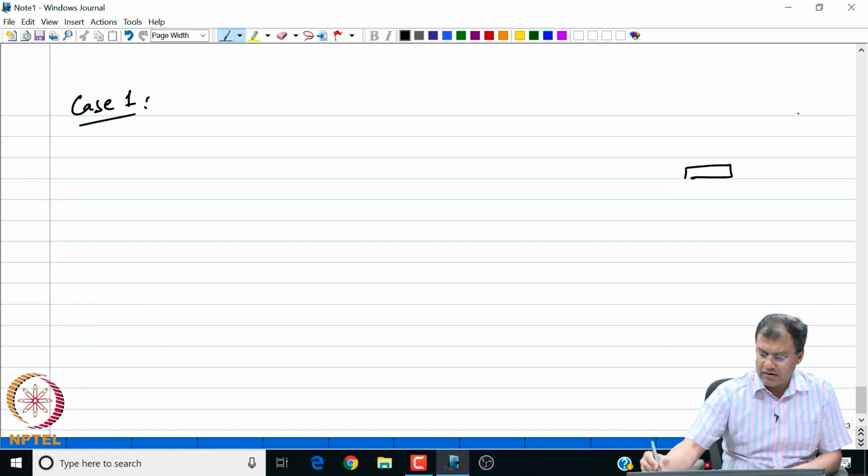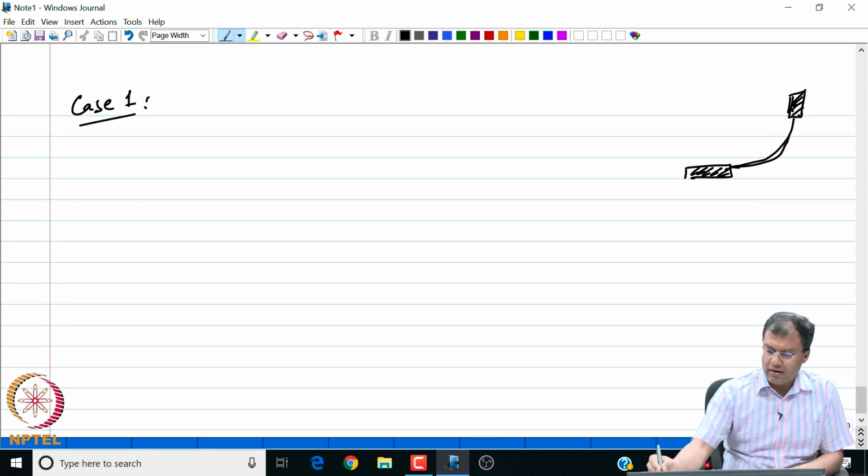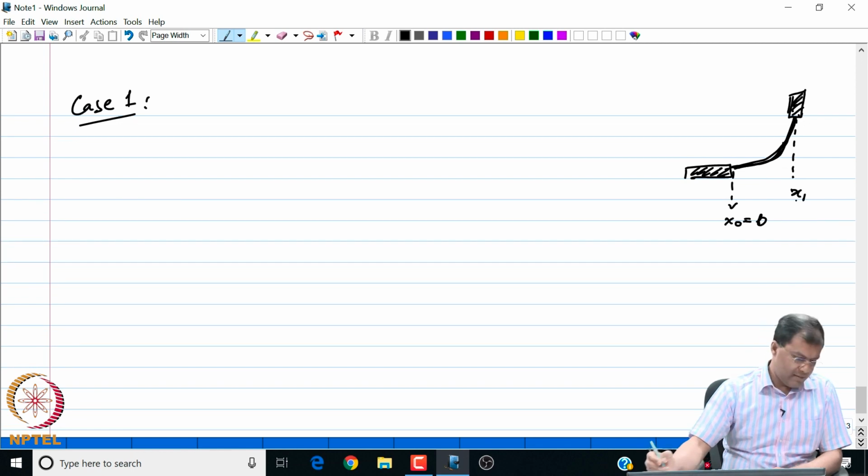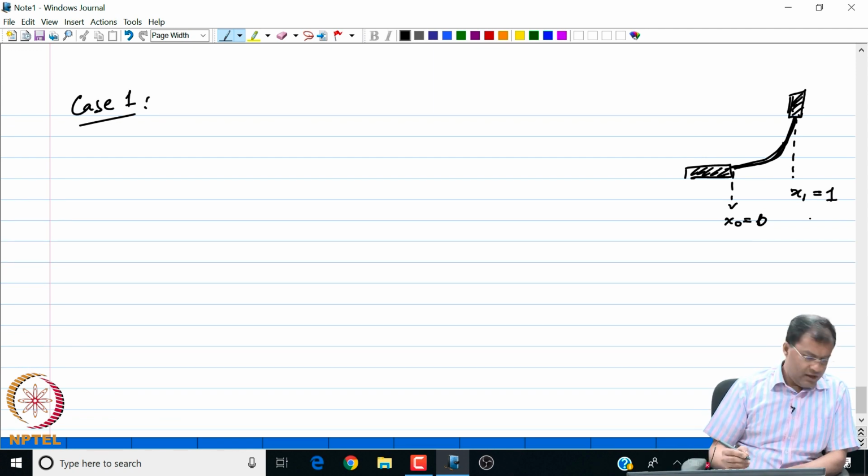We have elastica which is clamped between two ends. Let me call this end point x 0, which is 0, and this x 1, which is 1.